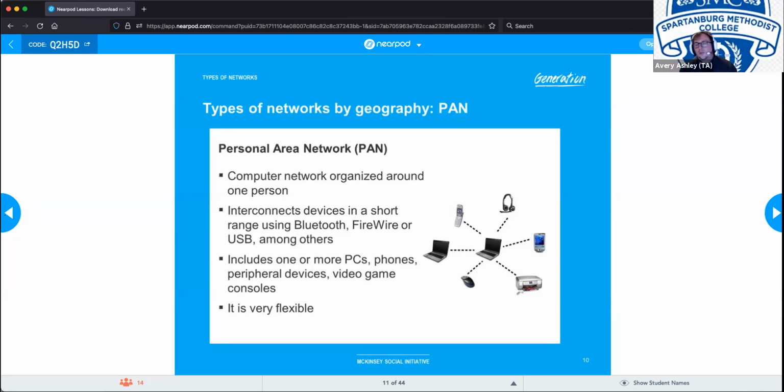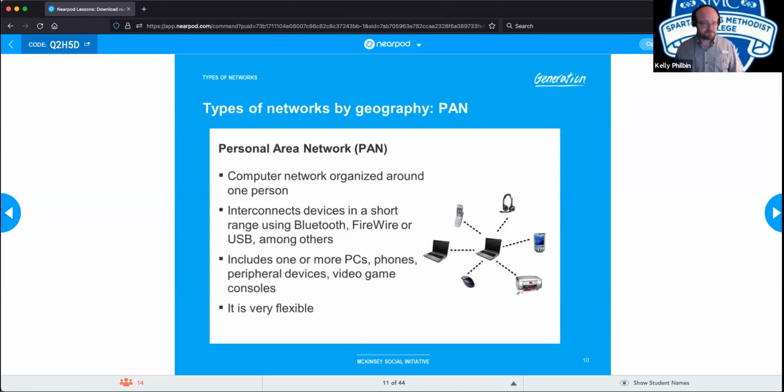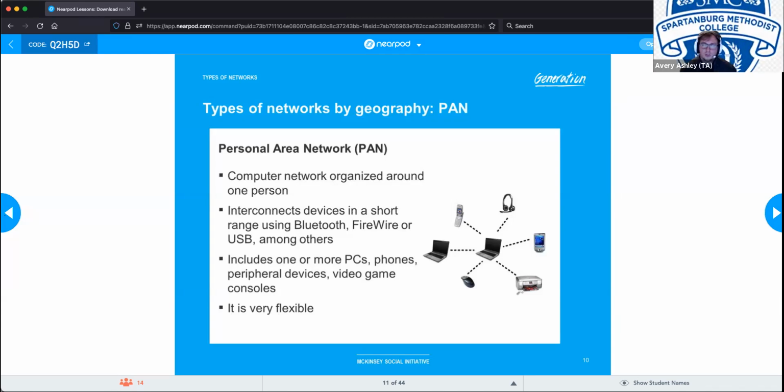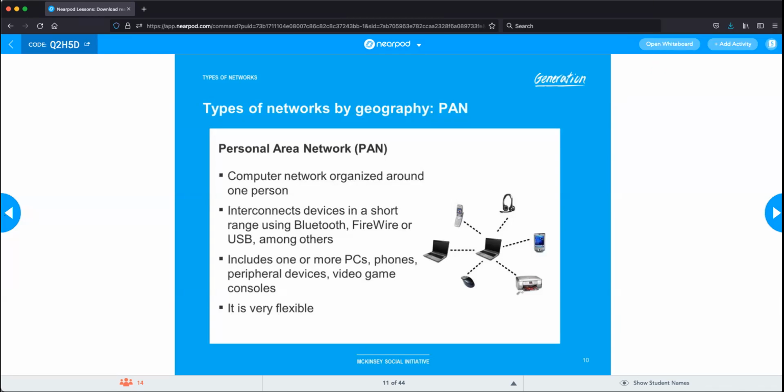That can also involve like your car. So if you're connecting to your car's Bluetooth, your phone, and I guess your inner console would be a part of your PAN. Yep. So anything that's directly connected to you and your device. Very, very often questioned on CompTIA or in question settings.